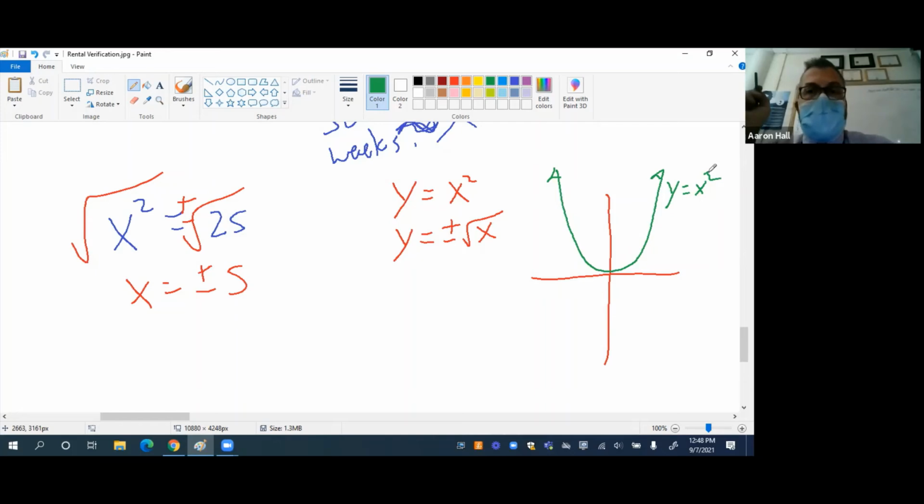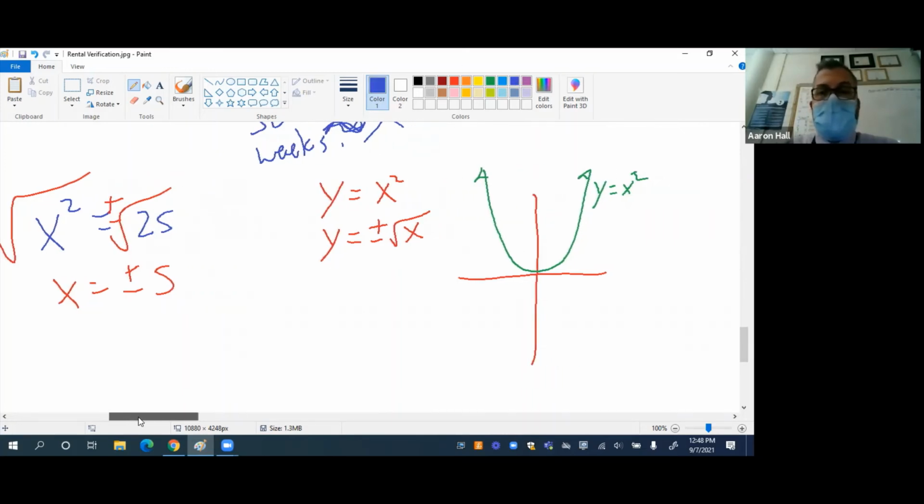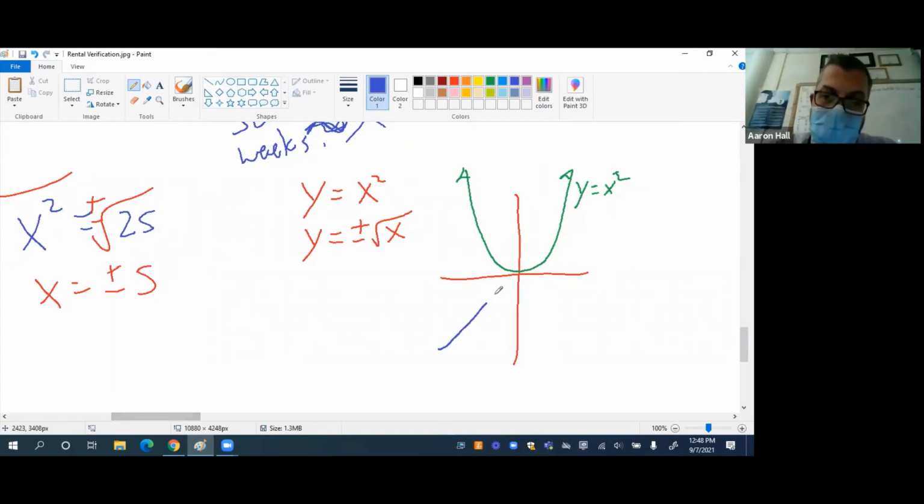And who remembers inverses? Inverses graphically are always reflections across what line? Yeah, y equals x. So it's going to be a reflection across this line right here, and we end up with another graph.